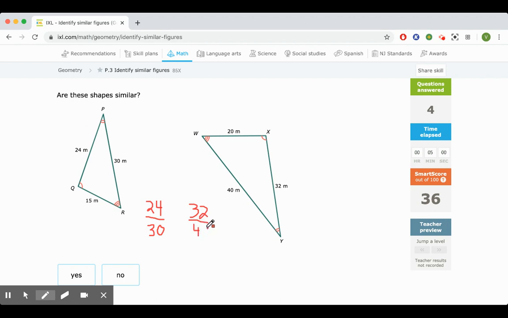Okay, now these ratios we can't see so readily that they're equal. One thing we could do is reduce, but that takes kind of long. A shorter way to do this is to cross multiply, because the cross products of a proportion are equal. So I'm going to multiply 24 times 40. And that's going to give me 960.